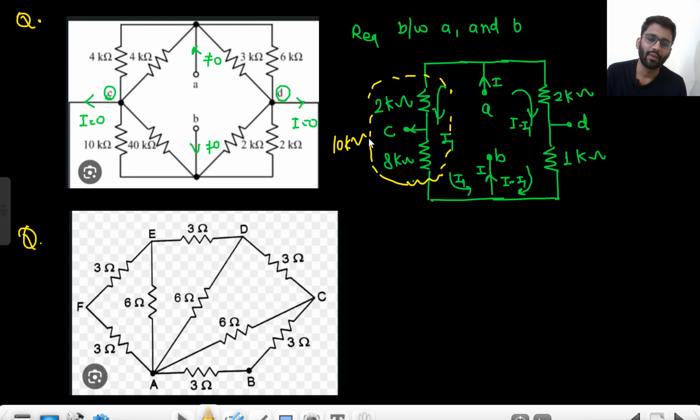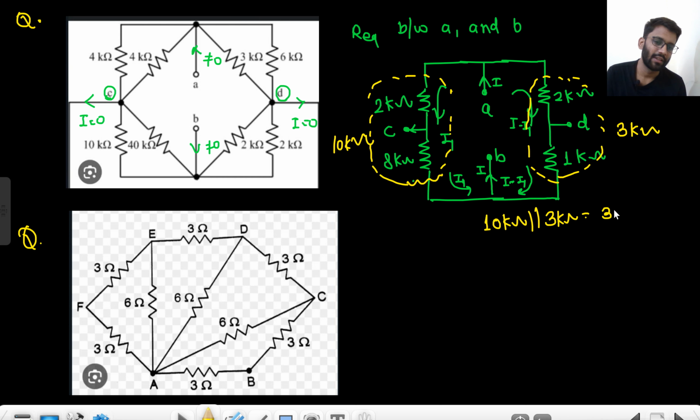This will be 10 kilo ohm, and because there is no current in node D, there is no use of that node. So 10 kilo ohm in parallel to 3 kilo ohm, so it will be 30 by 13 kilo ohm.